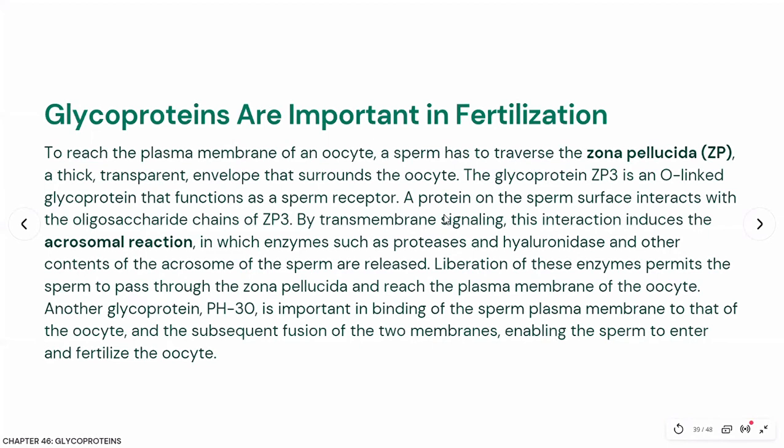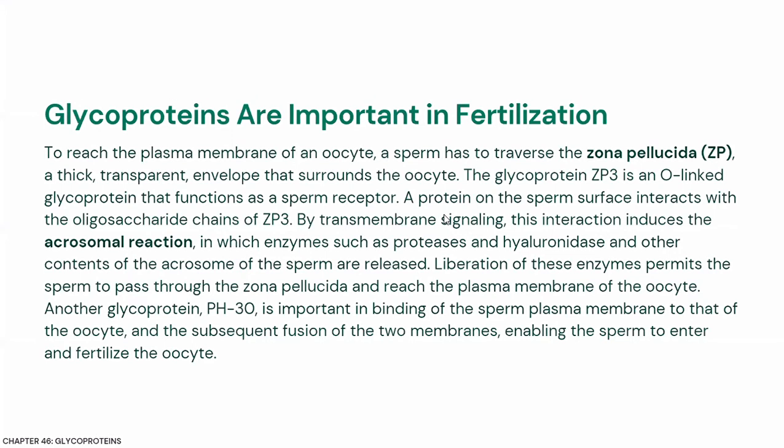So, what does this tell us? It tells us that the egg cell is protected by the zona pellucida made up of glycoproteins. And the head of the sperm cell or the acrosome contains enzymes to digest the zona pellucida.